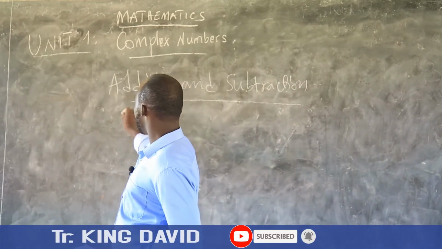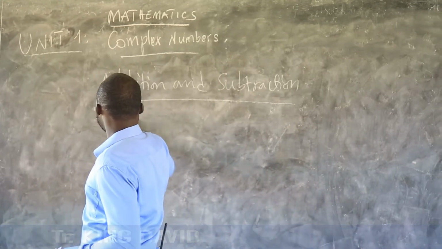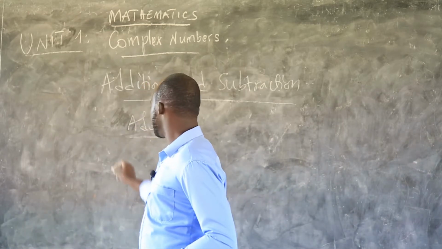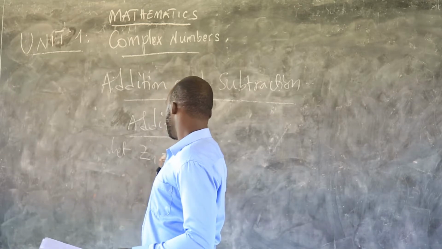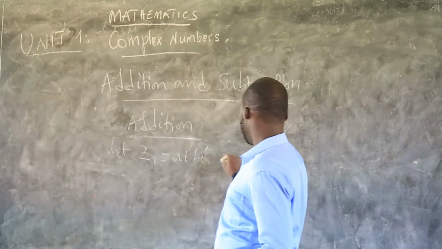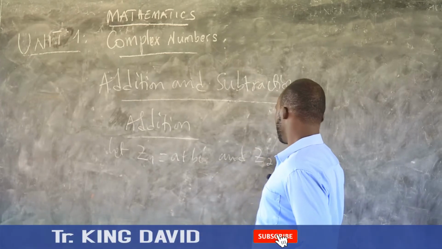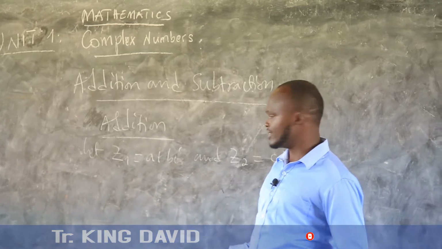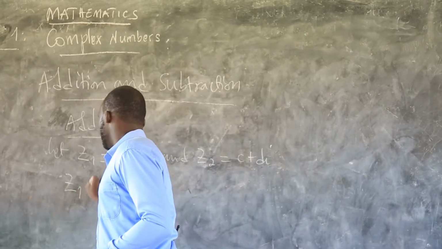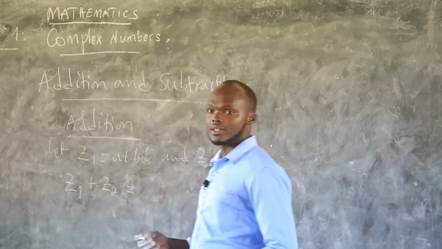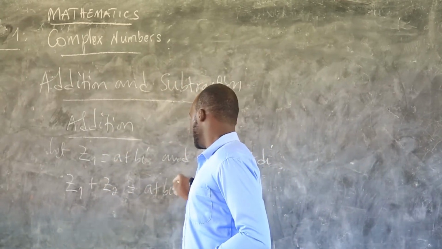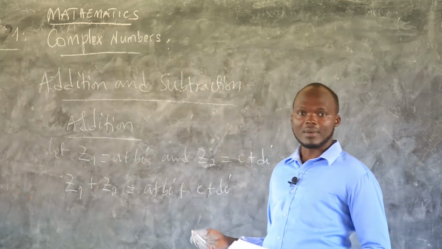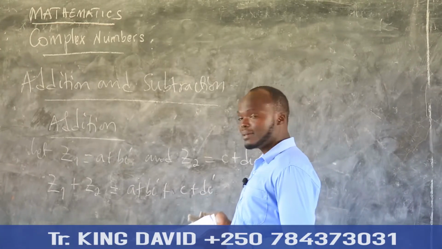For example, if you have Z1, let's start with addition. Let Z1 be a plus bi, and Z2 be c plus di. Those are two complex numbers. How can I add them? What is Z1 plus Z2? This is a plus bi plus c plus di. What we do is add the real parts and the imaginary parts.